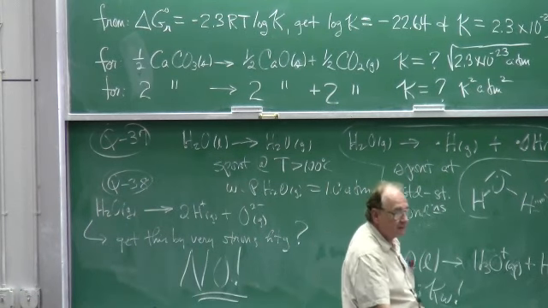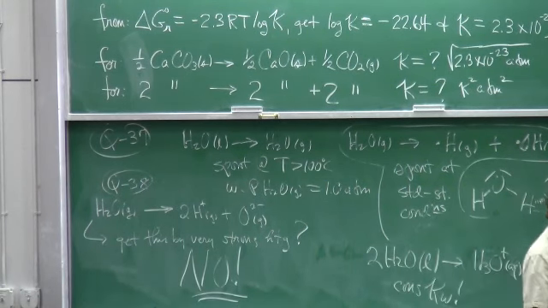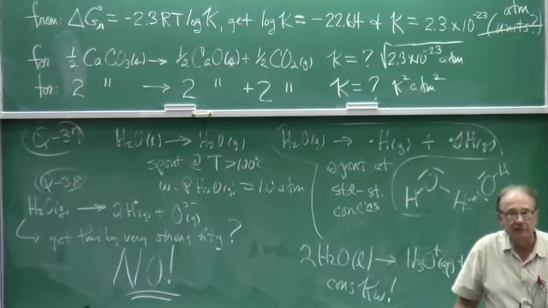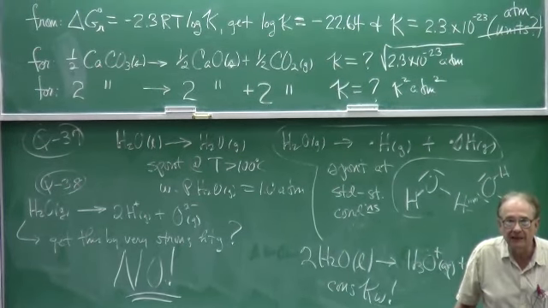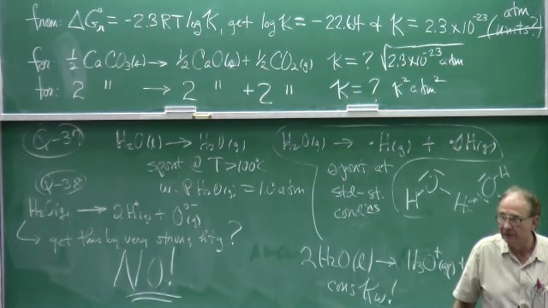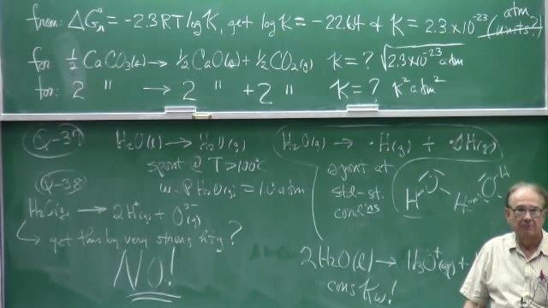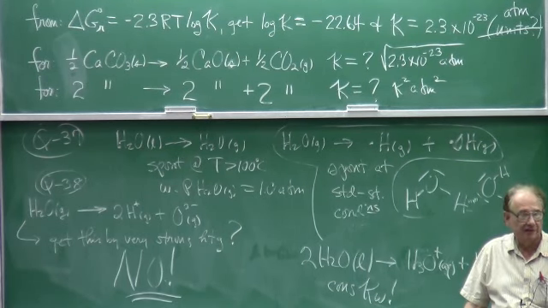Why do you think it's possible in the liquid phase to run reactions which in many cases produce ions, but in the gas phase you're not going to run chemical reactions which produce ions?